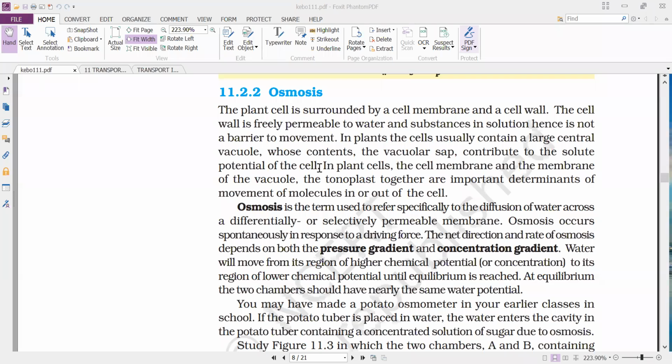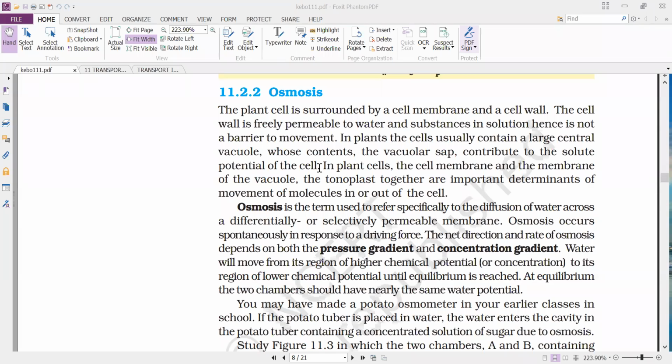When you observe plant cells, a very important characteristic feature of a plant cell is the presence of a large central vacuole, which is surrounded by a membrane called the tonoplast.